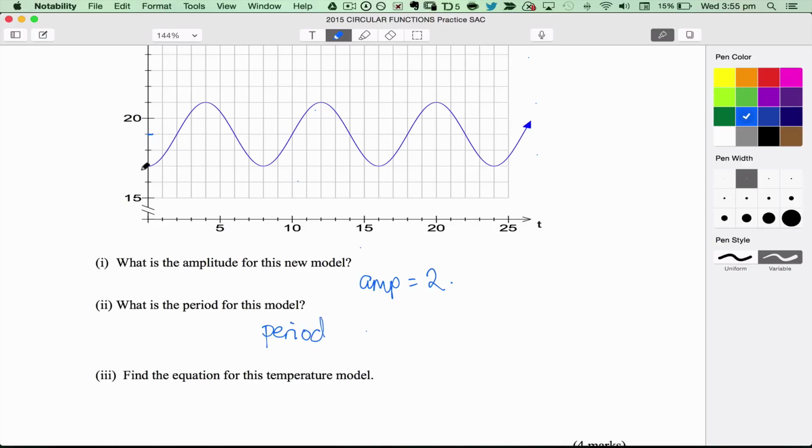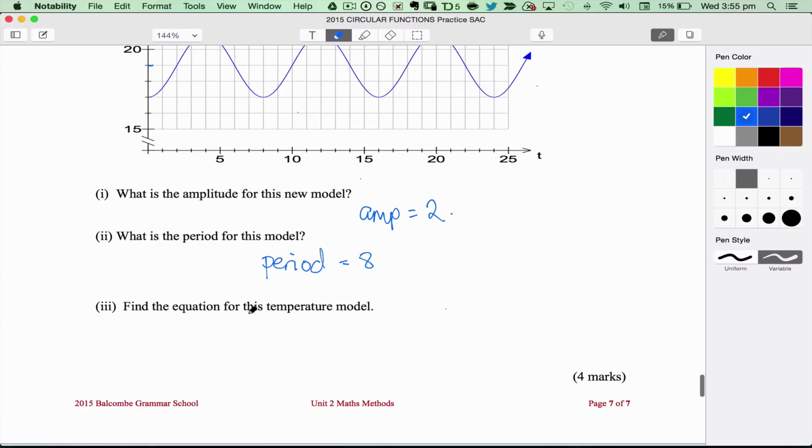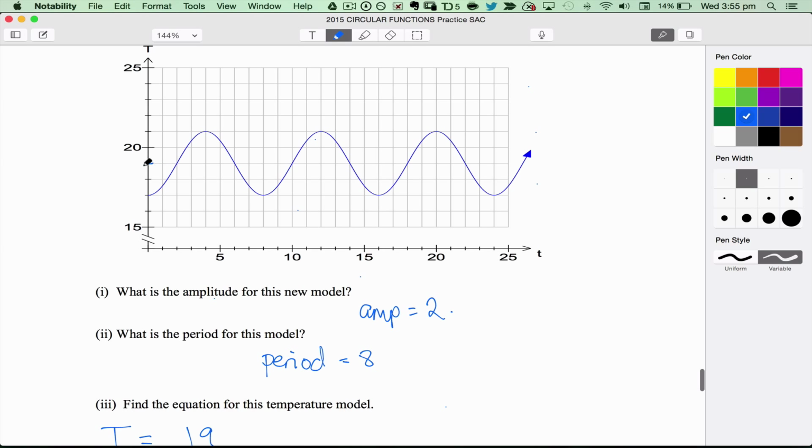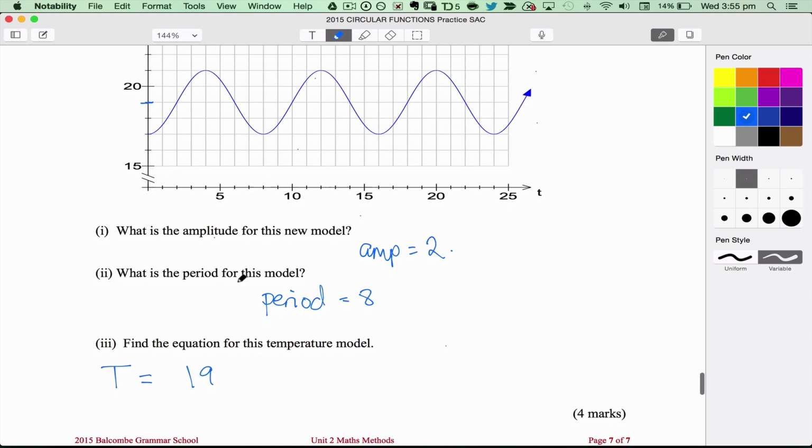Period is the time for it to get back to where it started, here. 6, 7, 8 hours. And my equation will be T equals, 19 is my middle point here, so it's moved up vertically 19.